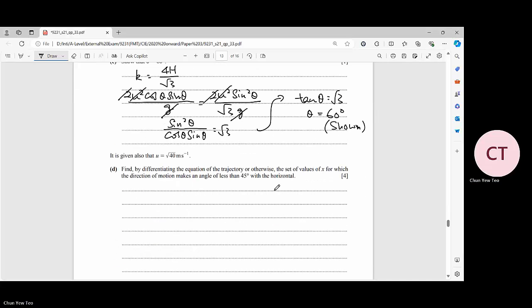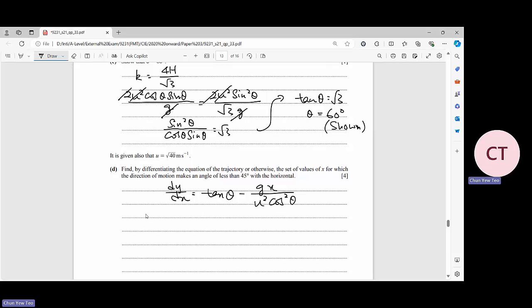Now, D. It is also given that u equal to root 40. By differentiating the equation of the trajectory or otherwise, set the value of x for which the direction of motion makes an angle less than 45 degrees with the horizontal. Okay, so you just need to take the trajectory equation, you find the dy dx. This one is tangent theta minus gx over u square cos square theta.